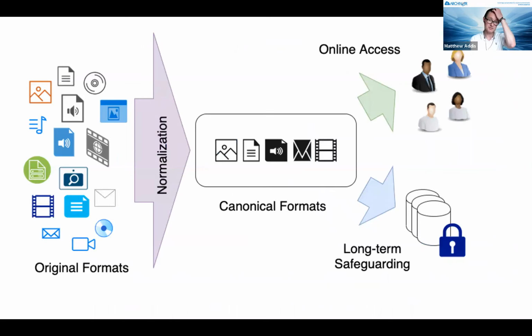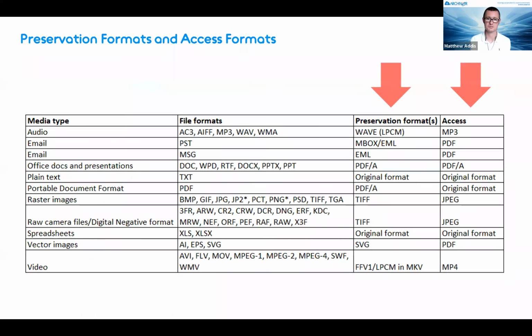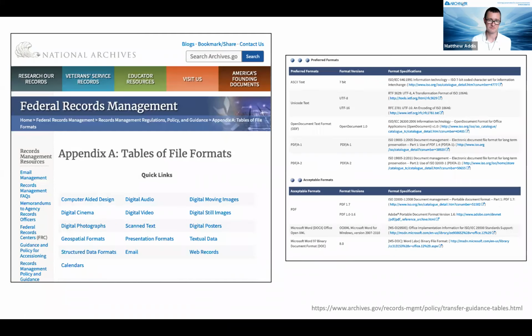In some cases, additional processing is required. For example, file format conversions. I'll talk a bit more about that later, but the solution also supports that if needed. So we can convert a wide range of different file formats, images, audio, video, documents, emails, and so on. The system can be configured to follow recognized good practice in that area or domain-specific guidelines for file formats, for example, from NARA.